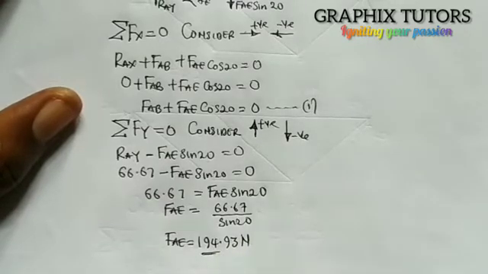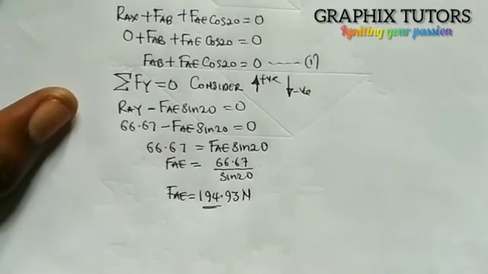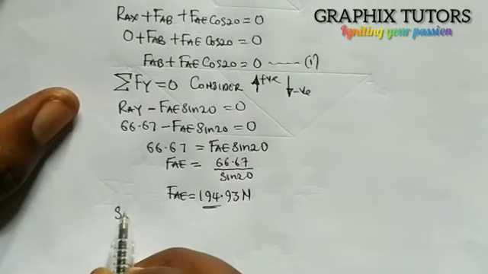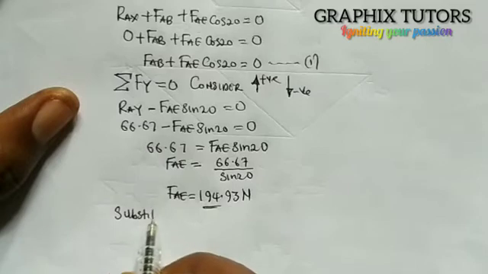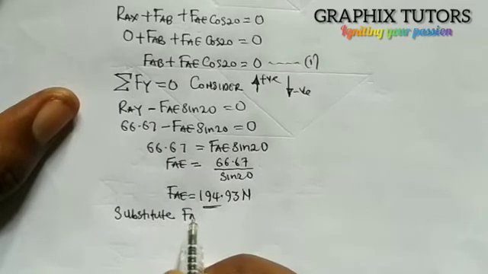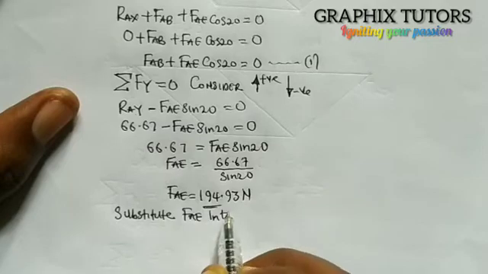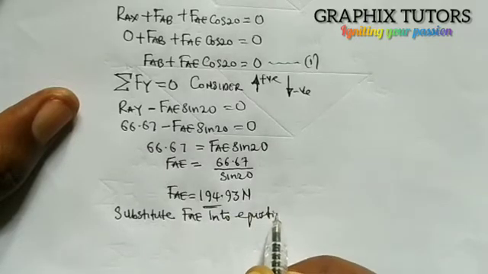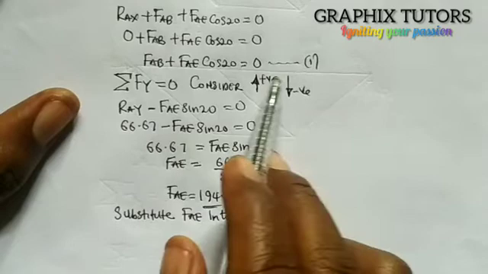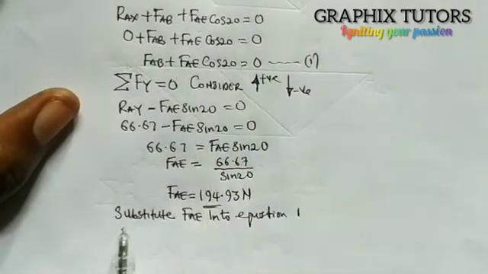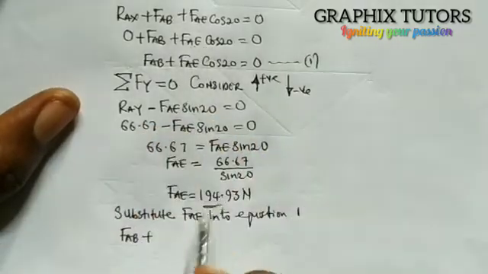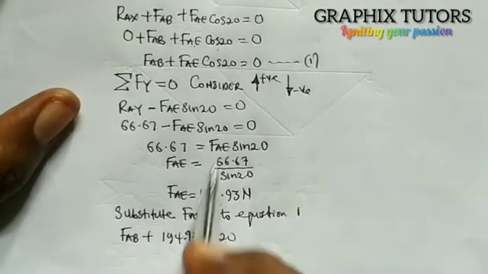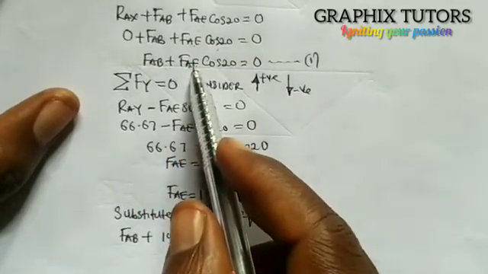Now I'm going to substitute FAE into equation 1. Where's my equation 1? This is what we have here. So equation 1 is telling me FAB plus FAE cos 20 equals to 0. I put 194.93, then cos 20, because my FAE is 194.93.